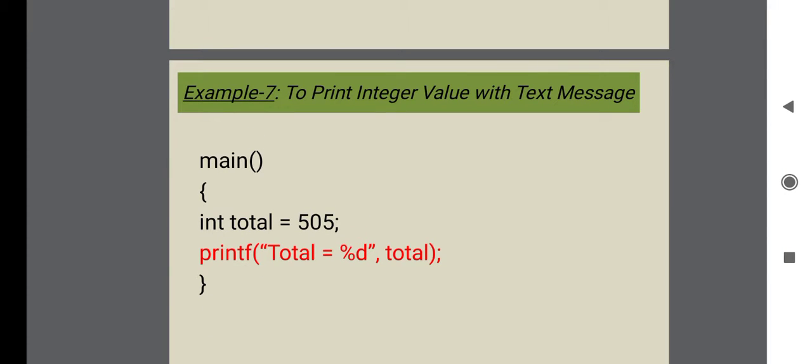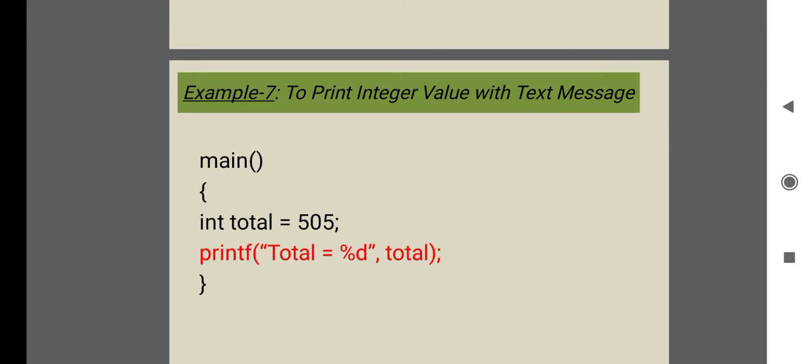Main function, opening brace, int total is equals to 505, printf within double quotes total is equals to %d, comma, variable name. The variable name here is total. So in printf what have we written? A value along with text. In the printf function, we can print not only a value, but also text along with it.